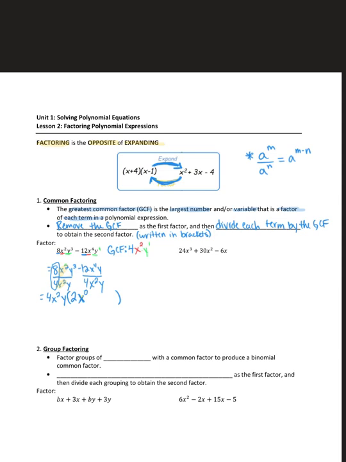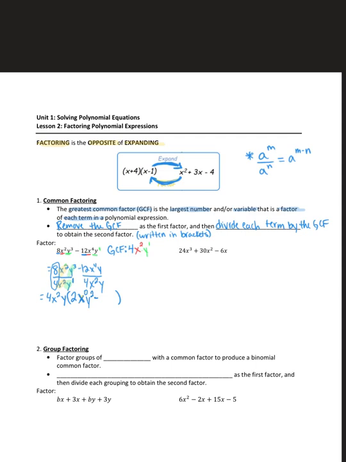We'll keep that in mind when we go ahead and divide our y's. We have y to the power of 3 divided by y to the power of 1. So that is going to be y, and then we subtract those exponents, so y to the power of 2. Come over here and do that with the other division.